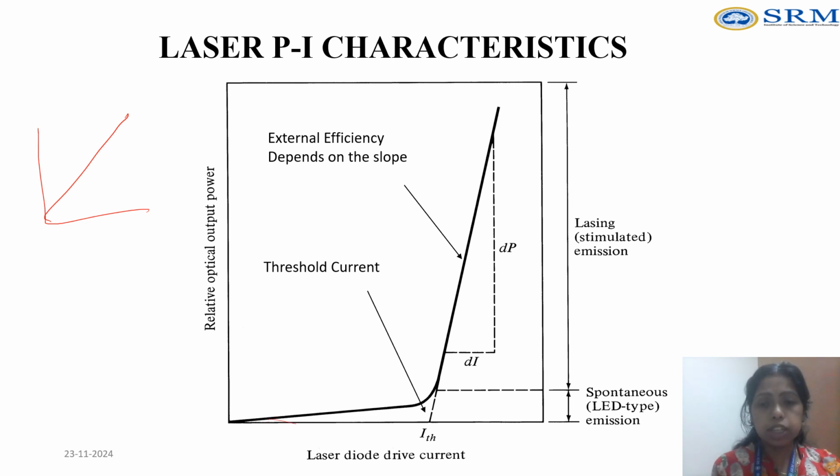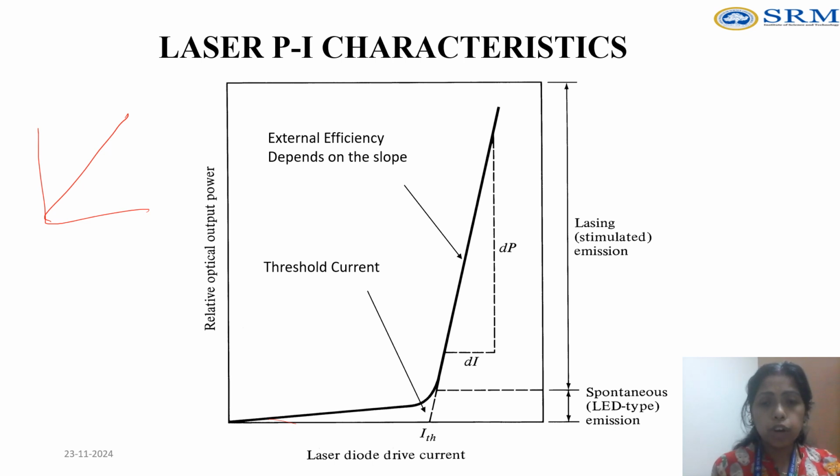So two slopes are there. This change in the power due to the change in the current is for the spontaneous emission. At the stimulated emission, you will have more photons, so more power you will get. So the slope will change at that moment. At the threshold point, the slope will change. This is the threshold current.